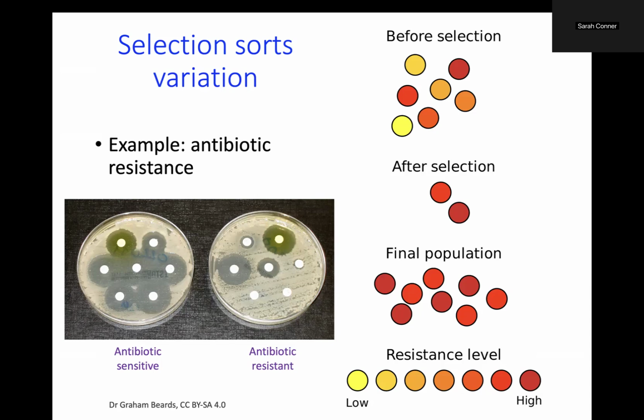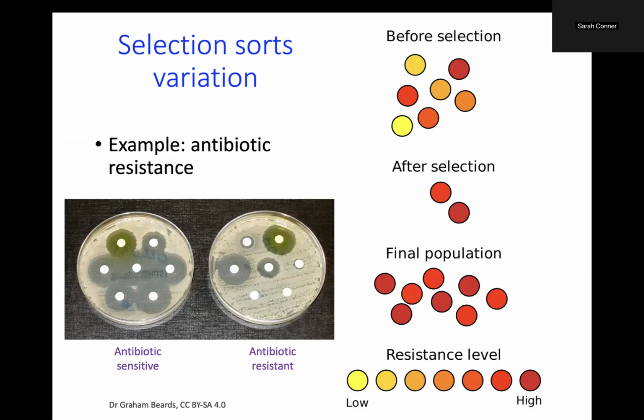If you look down here at the bottom, the low resistant bacteria are the lighter ones. As we kill those off with the antibiotics, we get more and more of the antibiotic resistant bacteria, and so it is left behind with higher populations of those very resistant bacteria. This is how the selection piece works as far as variation.